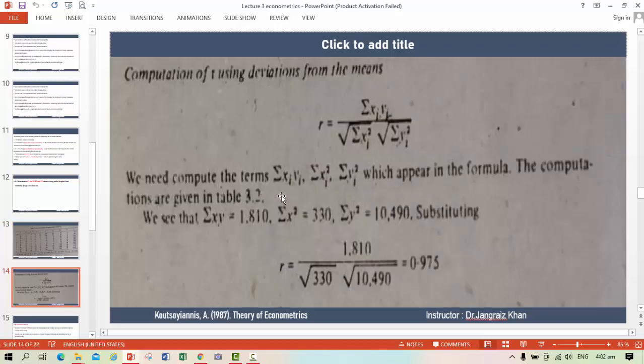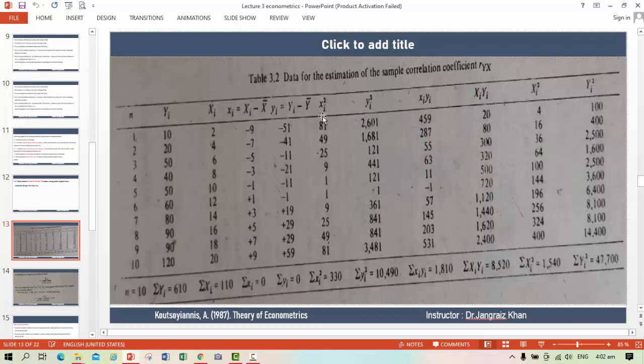Now according to the formula, we need small x square, small y square, and small xy. So first we get the small x square by taking the square of all observations of the small x. If we take the square of minus 9, we get 81 in the column of x square.